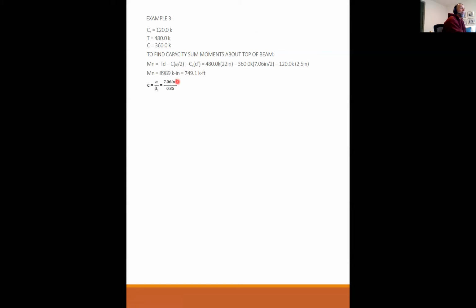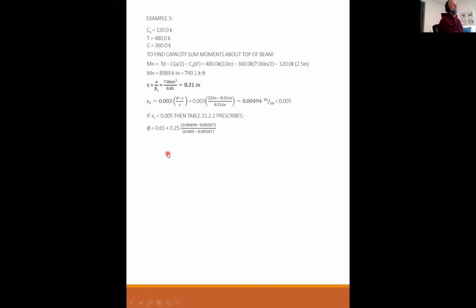c is a over beta 1, 8.31 inches. Epsilon t is 22 minus 8.31 over 8.31 times 0.003, which is 0.00494. It is less than 0.005, so I need to check my phi.